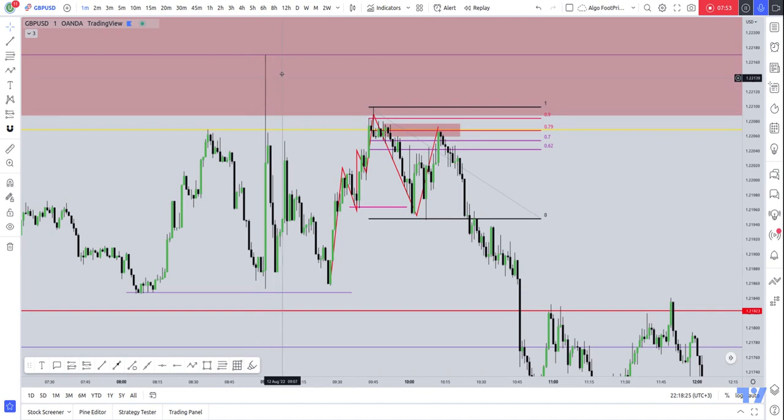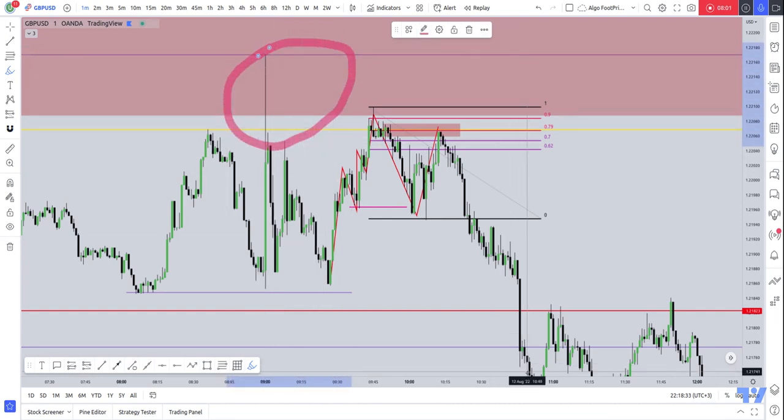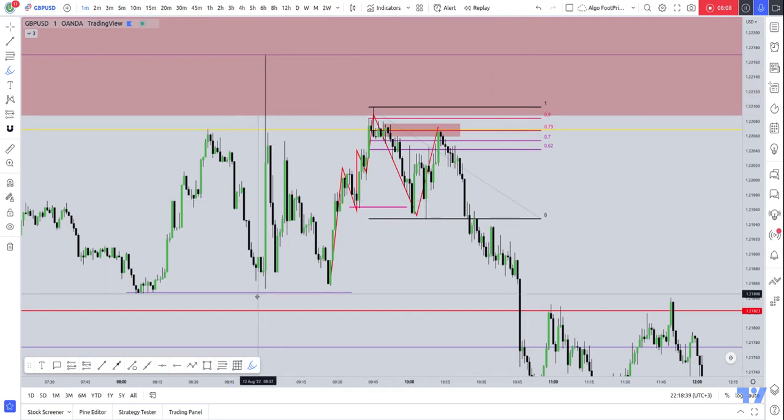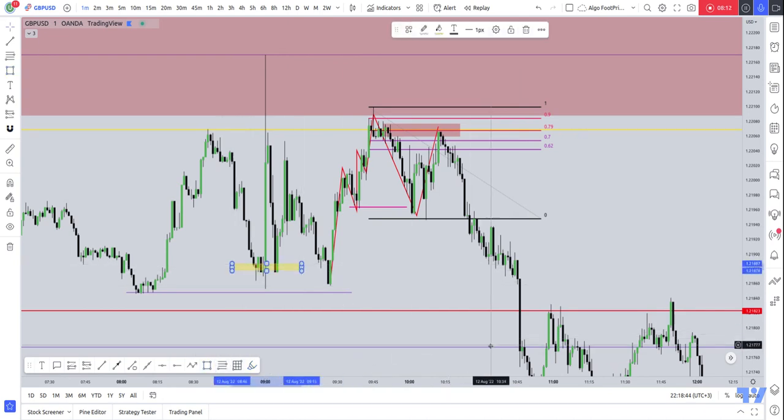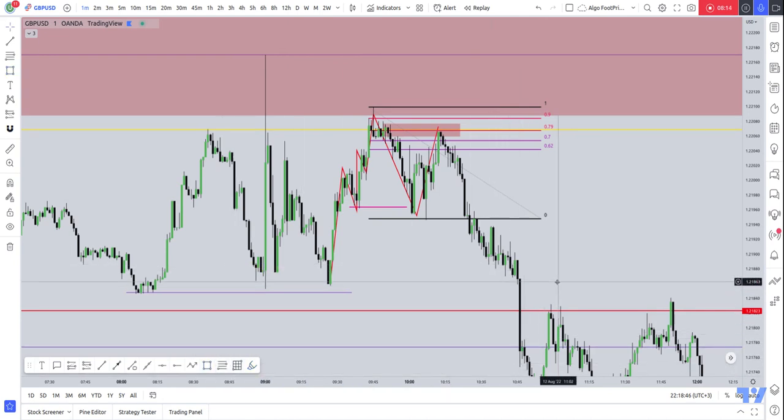So this to me is the footprint. I know you could be saying, no, that's not a footprint because according to other concepts, you need to follow some sort of software.